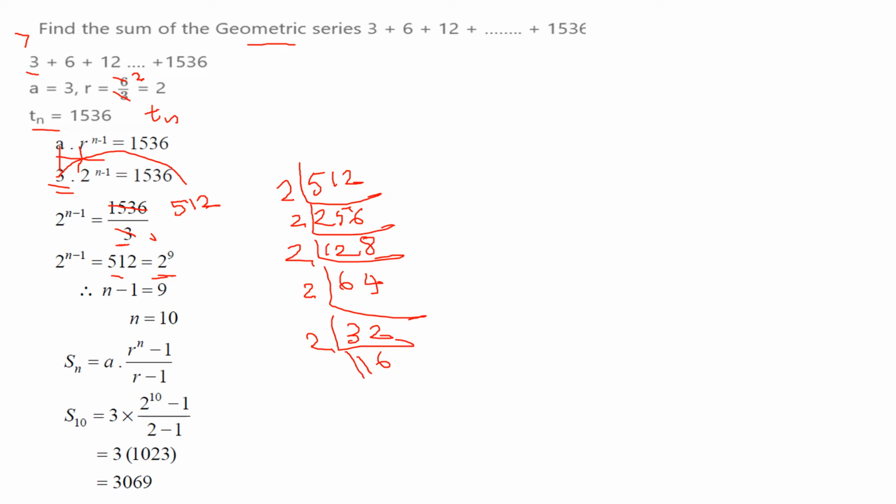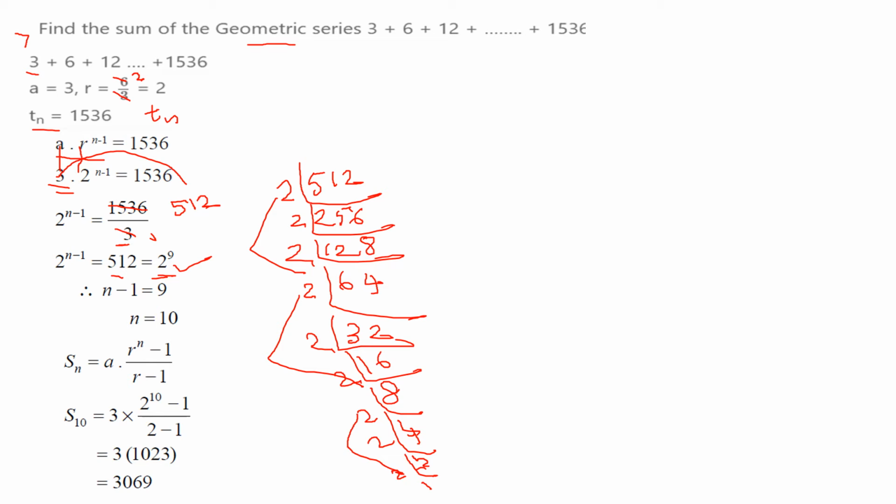Next 2 8 2s are 16. 2 4 2s are 8. Next 2. Here you see how many 2s? 3, 6 and 9.